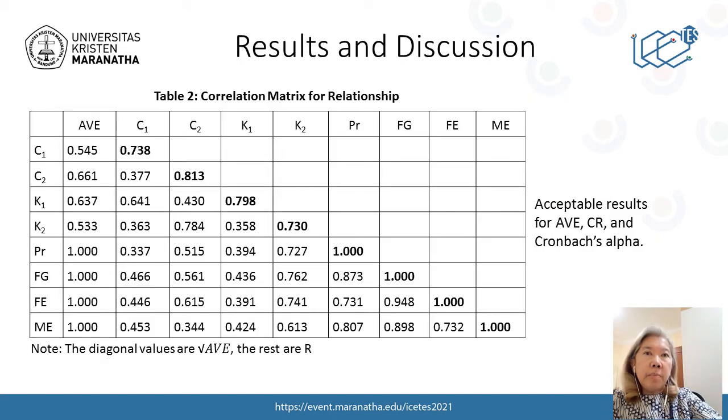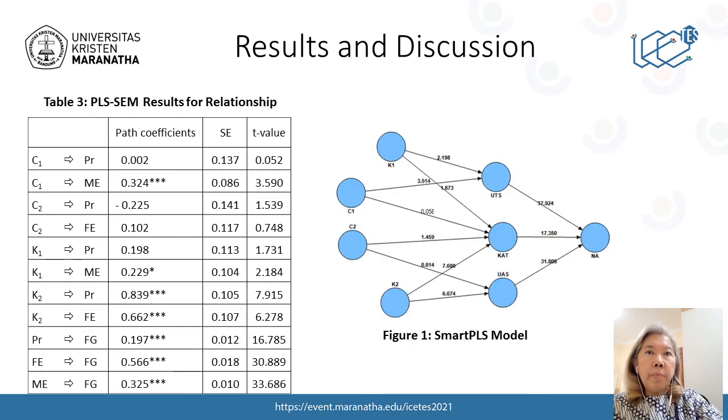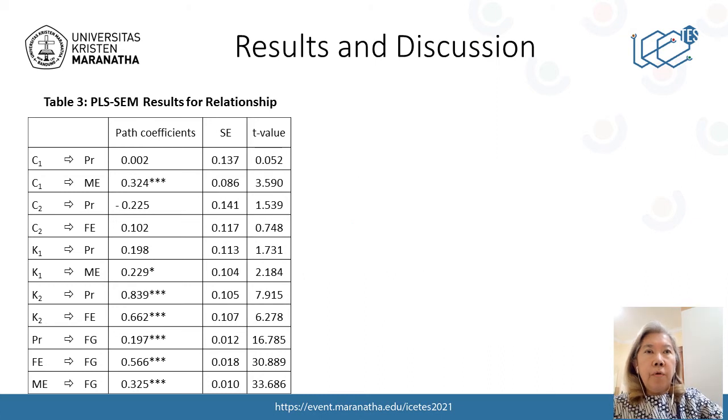The correlation matrix for the relationships shows acceptable results for AVE, CR, and Cronbach alpha. This is the score for the PLS model for the relationships and the Smart PLS model in the form of a diagram. From the PLS model, K1 and C1 are statistically not significant to practices.